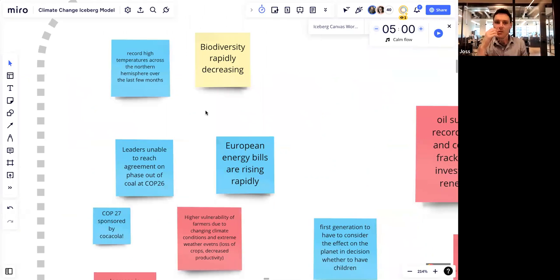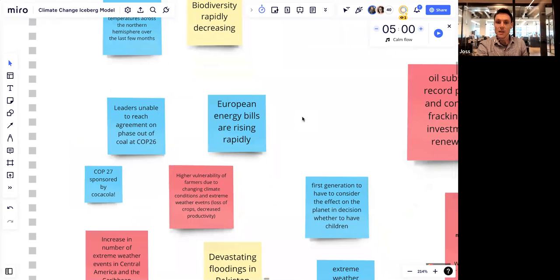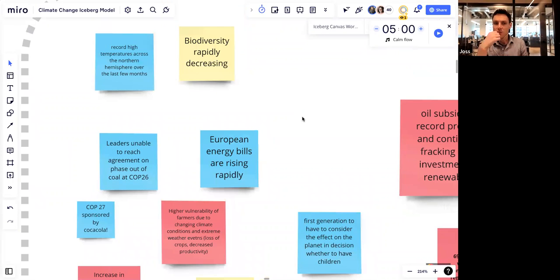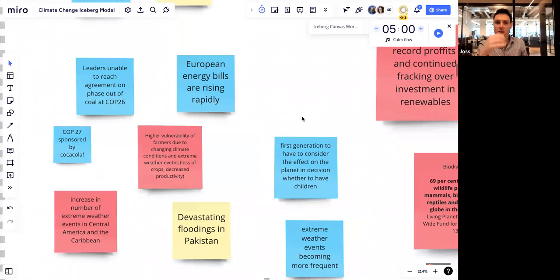Record high temperatures across the Northern Hemisphere over the last months. Biodiversity rapidly decreasing. European energy bills are rising rapidly. Leaders unable to reach agreement on phase out of coal at COP26. COP27 sponsored by Coca-Cola.